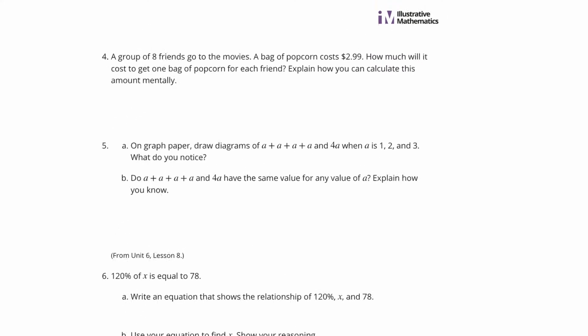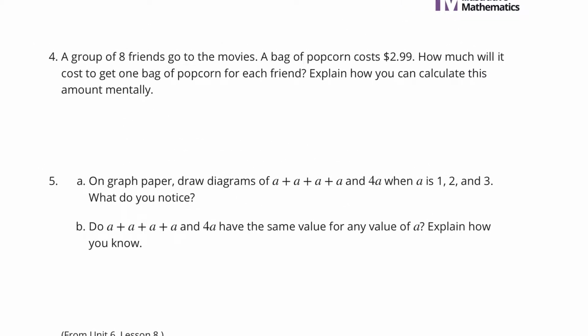Question 4. A group of 8 friends go to the movies. A bag of popcorn costs $2.99. How much will it cost to get one bag of popcorn for each friend? Explain how you can calculate this mentally. Well, if I just take 3 and multiply that by 8, I can get $24. But that is a penny more expensive per each person.